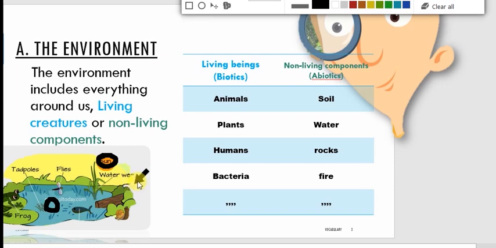We have a little rock here. So this is the environment. It is composed or comprised of living creatures and non-living components. There are more living beings and more non-living components in the environment, of course. I hope now you get a general idea about what the environment is.